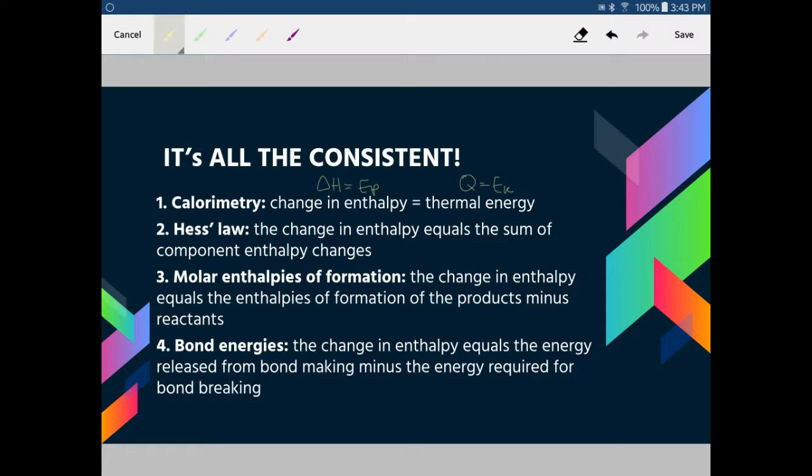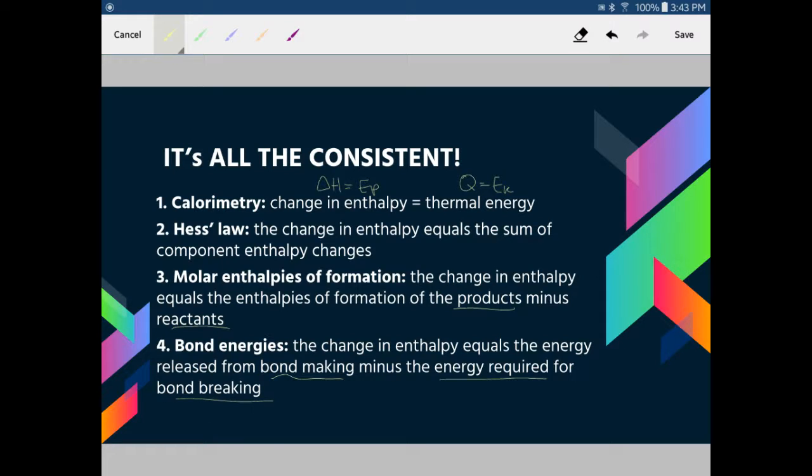In our molar enthalpies of formation, we looked at the enthalpies of formation of the products minus the reactants. Again, we're looking at conservation of energy here. And with our bond energies, we look at the change in enthalpy equals the energy released from bond making minus the energy required for bond breaking.